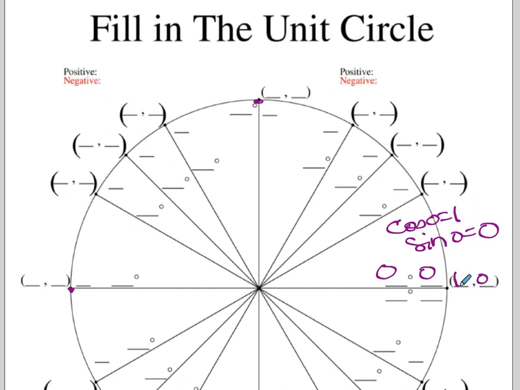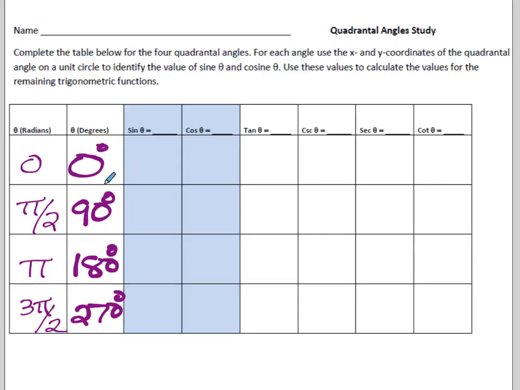Again, cosine is going to be our x value, and sine of theta is going to give us our y value. All right, so when I go back to the table, if we're talking about 0 degrees, 0 radians, I want you to remember that sine of theta is equal to y, and cosine theta is equal to x.